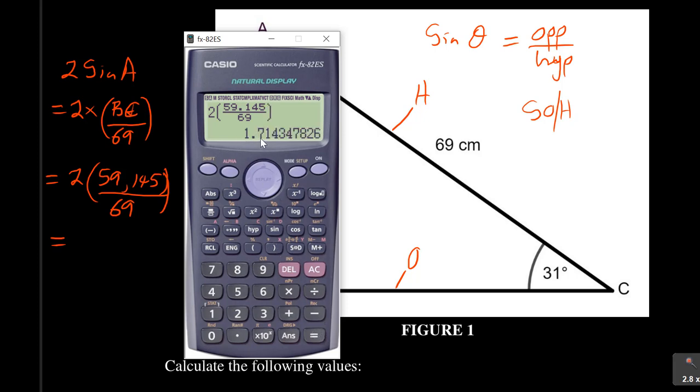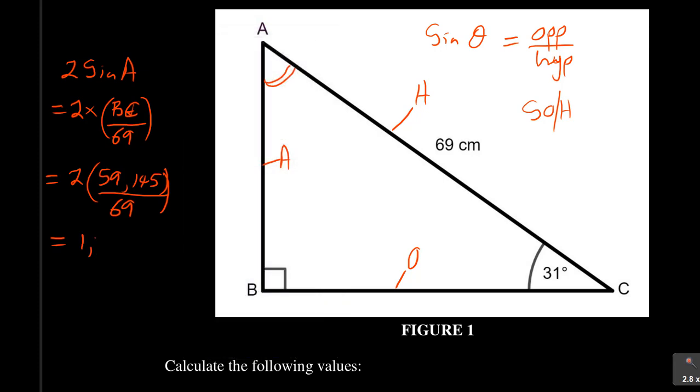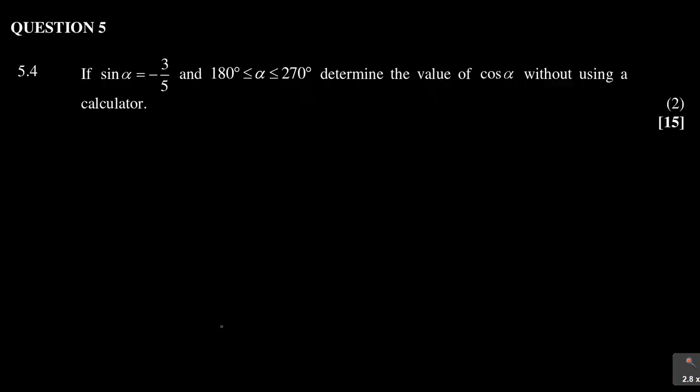It gives us 1,714. So 2 sine A in this case is equal to 1,714. That is what it simplifies to. Again, it's tricky. You have to understand which one is your opposite, your adjacent, as well as your hypotenuse.